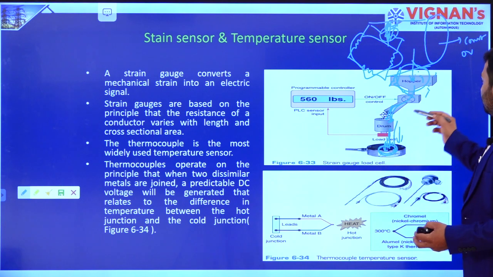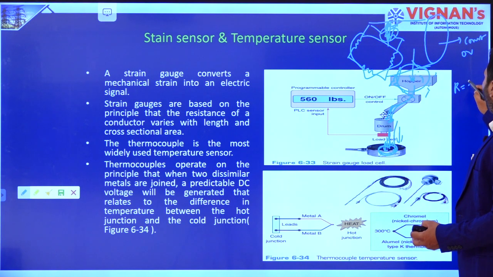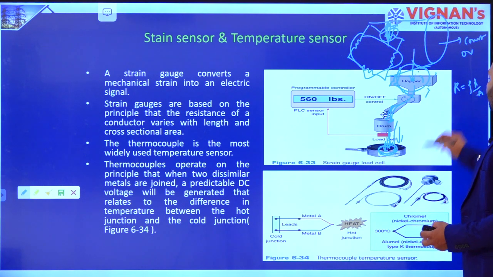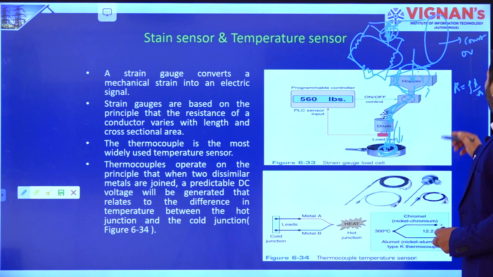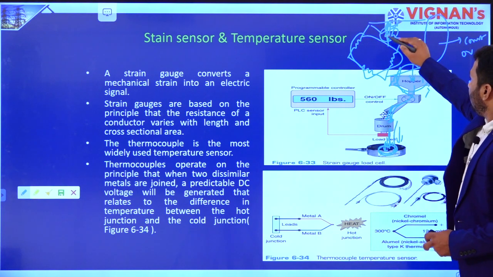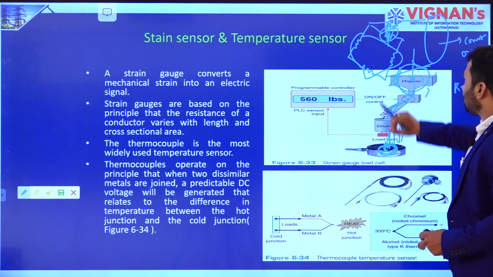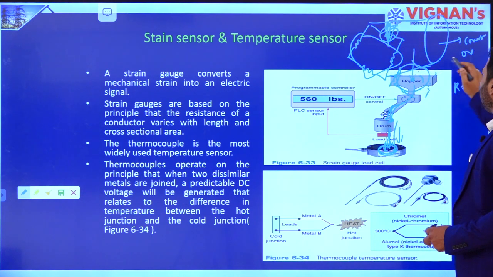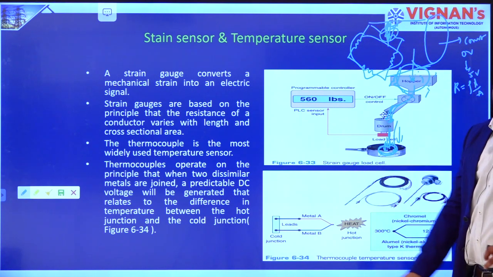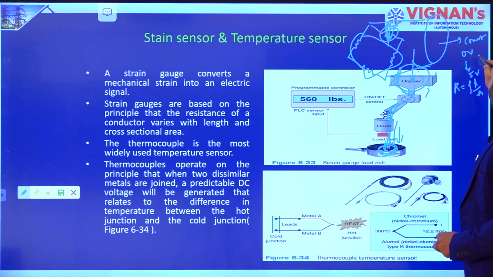How is the resistance going to be changed? Resistance is rho L by A, so the length and area of this material are going to change. That is the reason resistance is going to change. Once the resistance changes, the output voltage proportionally changes too.